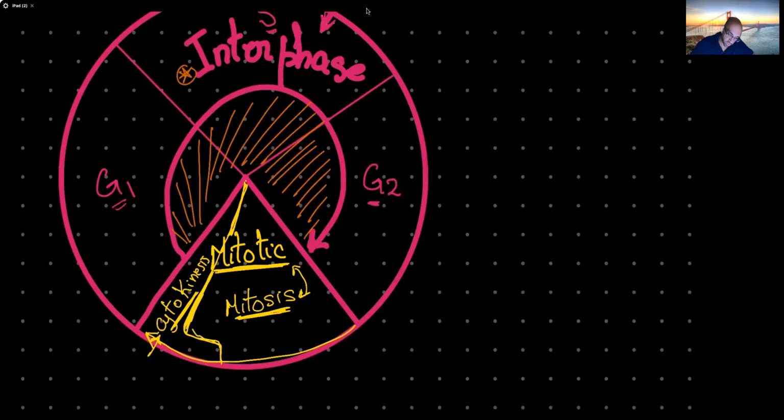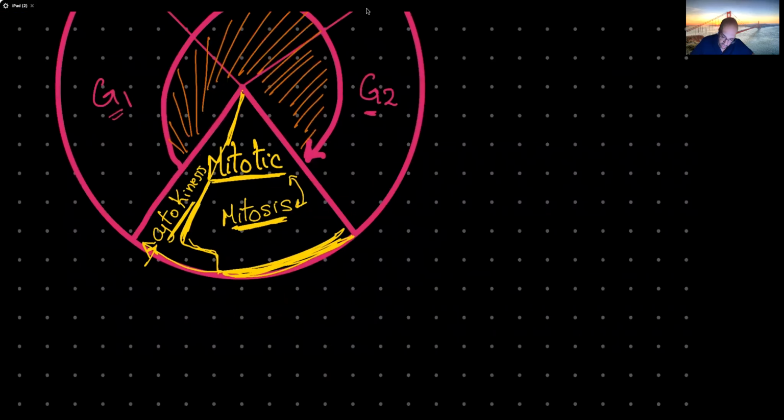During the mitotic phase, the cell is going to be undergoing cell division. The mitotic phase is going to be divided into two main parts. The first part is mitosis, and mitosis is the nuclear division. This is when the nucleus of the cell is divided into two nuclei.